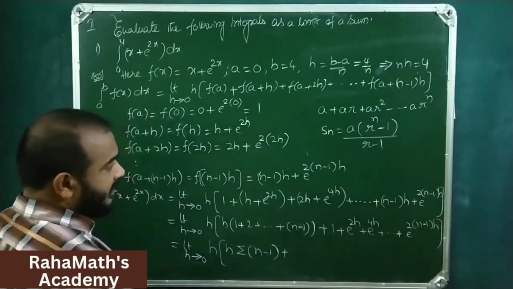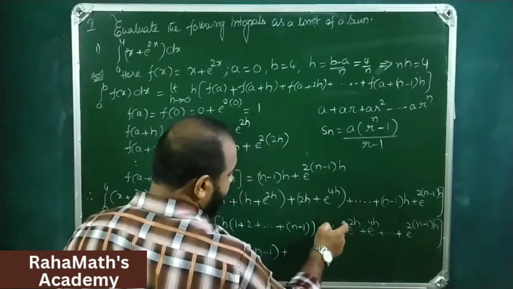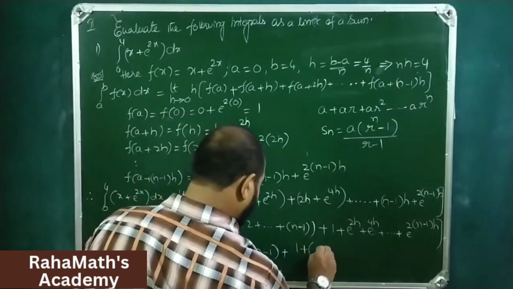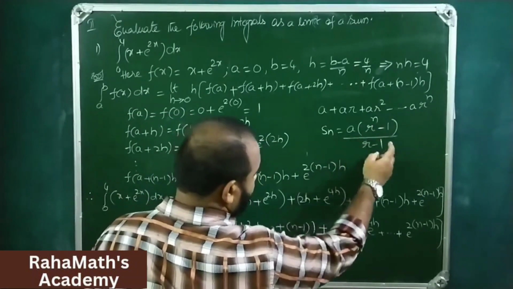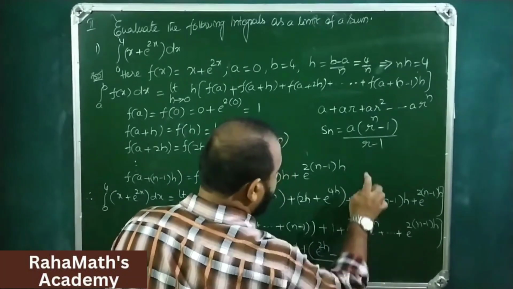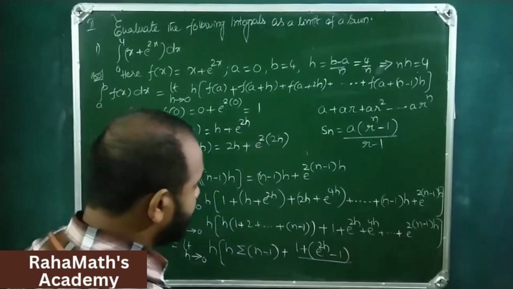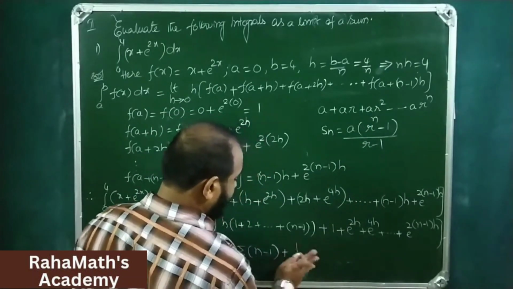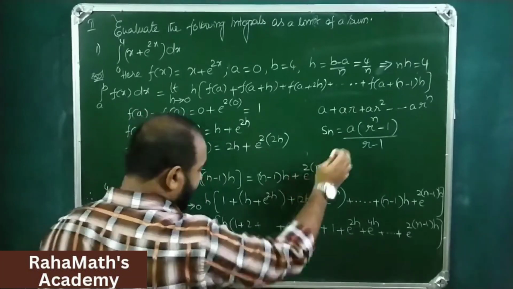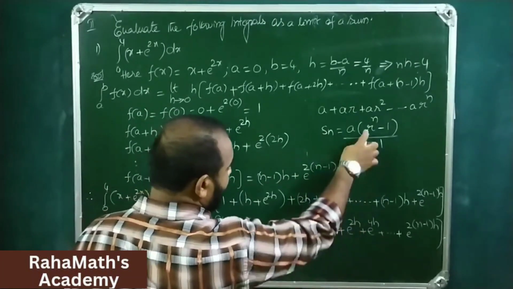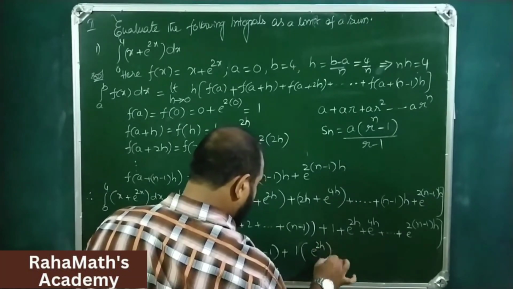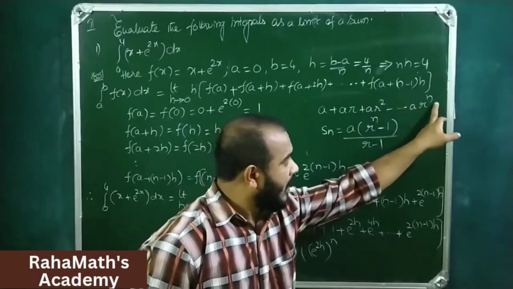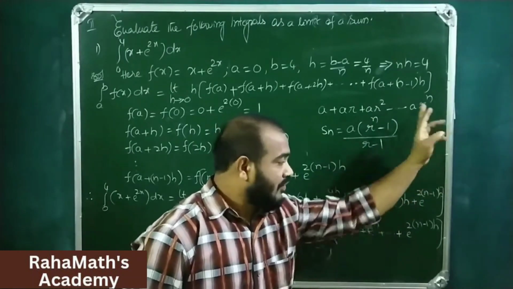This is the formula. Here a is the first term, which is 1, and r is the common ratio e^(2h). So the sum is 1 into ((e^(2h))^n minus 1) by (e^(2h) minus 1), because this starts from a to ar^n, meaning the sum of n terms.